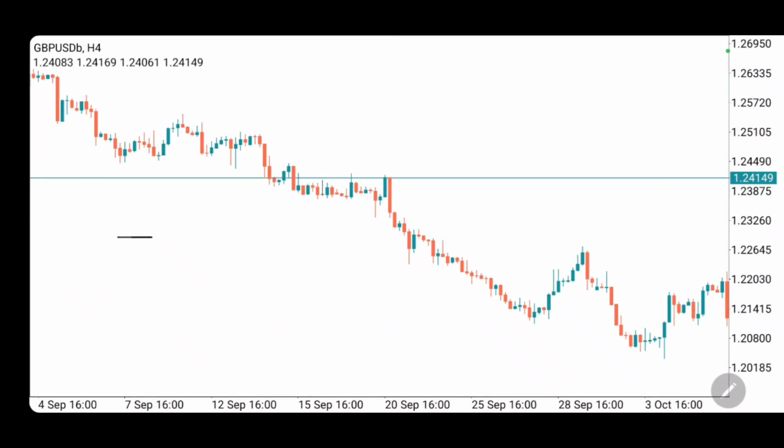An imbalance, for example, if we're looking at imbalance in terms of candle by candle.